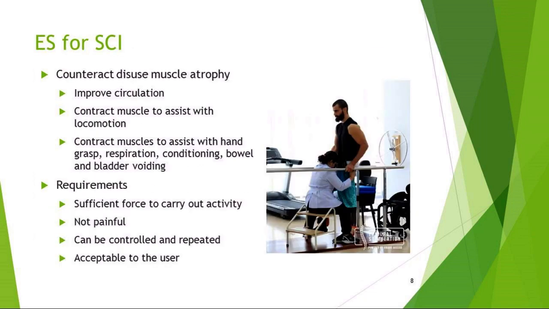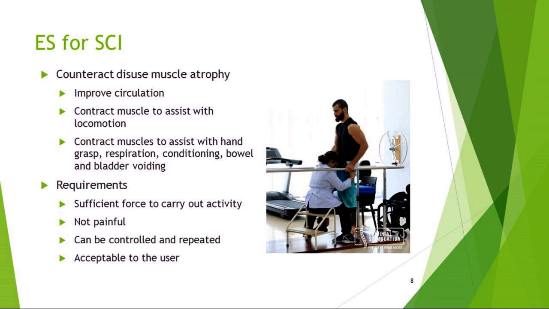For spinal cord injury, a lot of times what you're doing is you're not going to bring back their function entirely, but you're trying to counteract disuse muscle atrophy. You're trying to improve circulation, contract the muscle to assist with locomotion, perhaps, not in everybody, and you're trying to contract muscle to assist with hand grasp, respiration, conditioning, and bowel and bladder voiding.